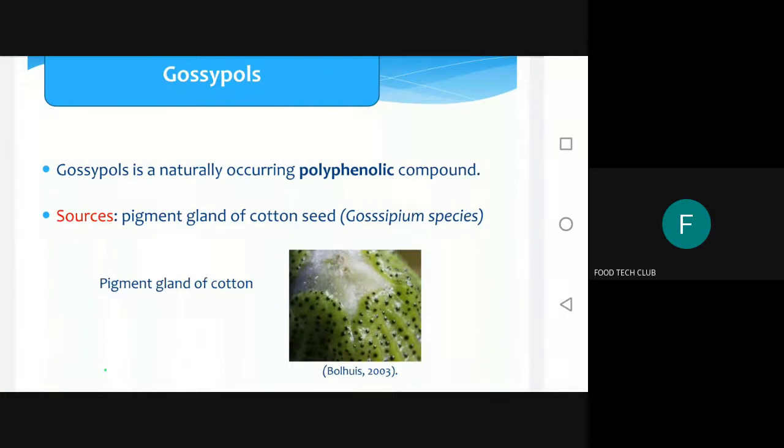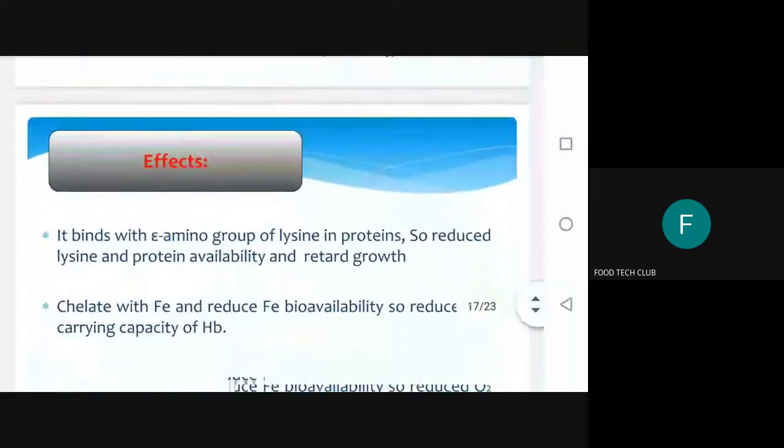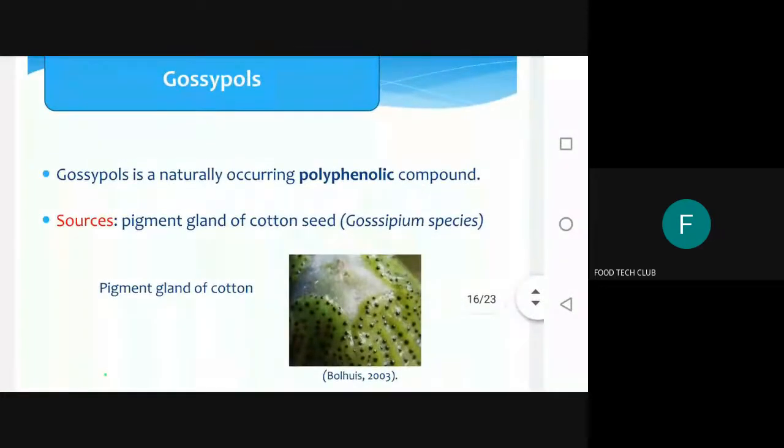Not only this, when you extract the oil from the cotton seed, you get the cotton seed oil cake, like you get mustard oil cake.